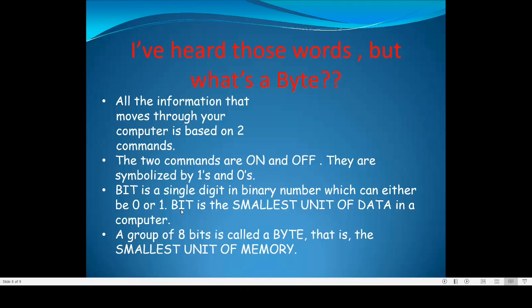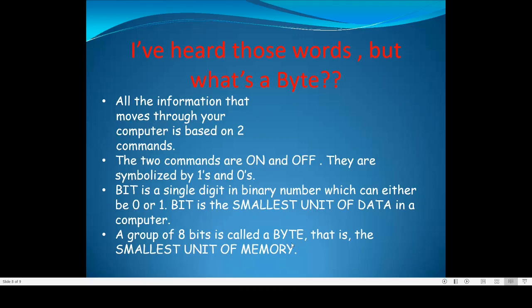So bit is the smallest unit of data in a computer. But smallest unit of memory is called byte. So what is byte? Byte is the smallest unit of memory, and a group of 8 bits is called 1 byte.